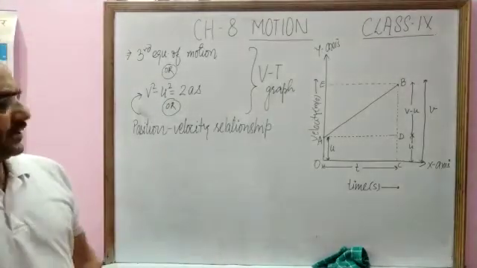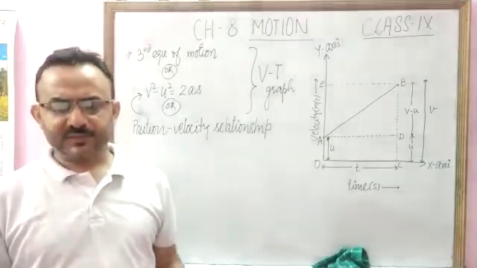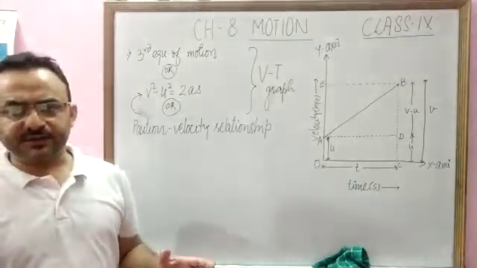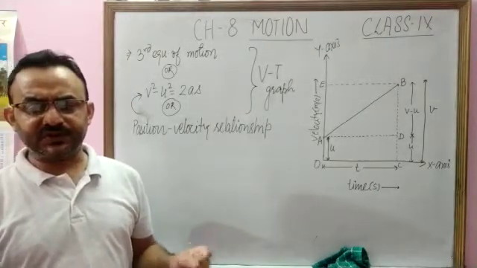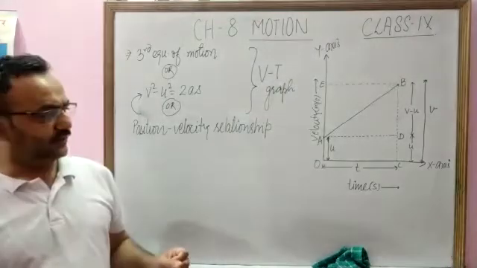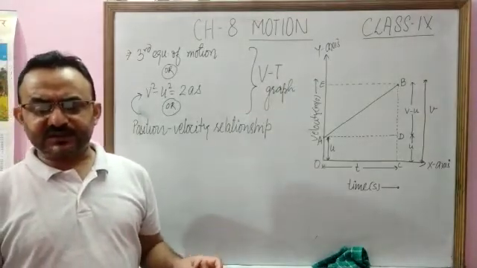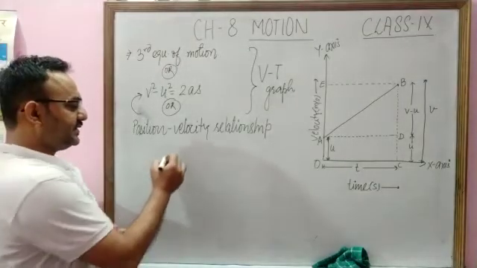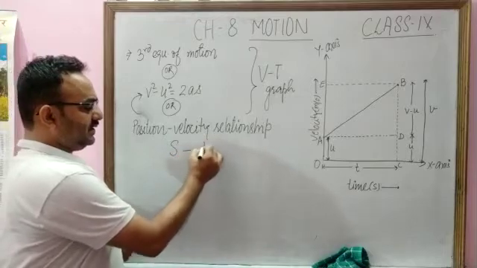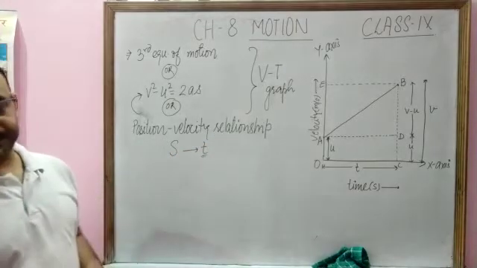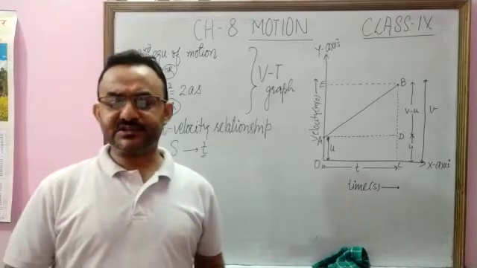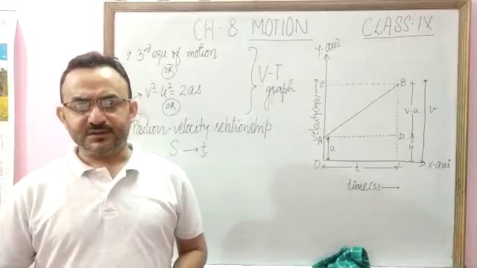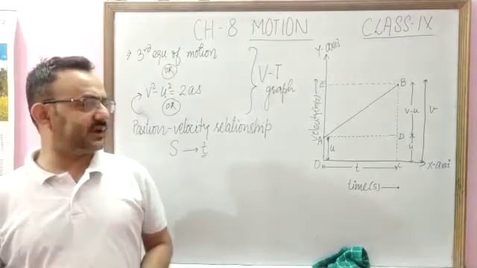Okay, about the third equation of motion, as we know, for a body under uniform acceleration, suppose it travels a distance s in time t. The distance traveled by the body is given by the area under the velocity time graph AB.